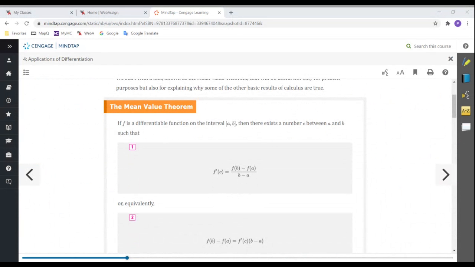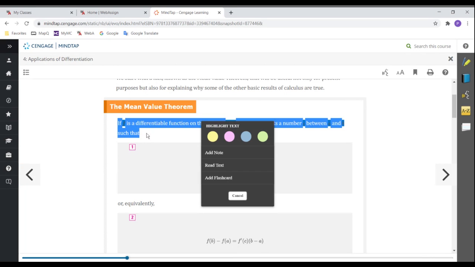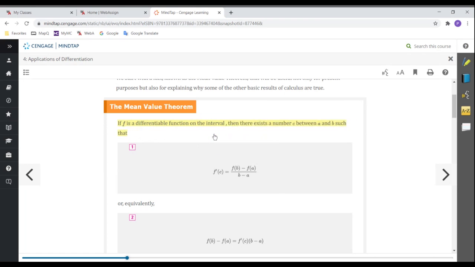Yes, okay. The mean value theorem. So what does the mean value theorem say?